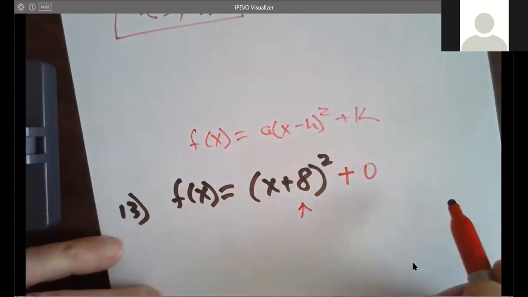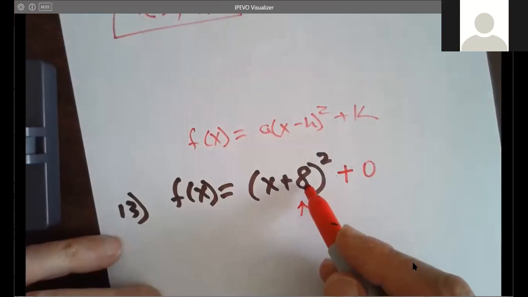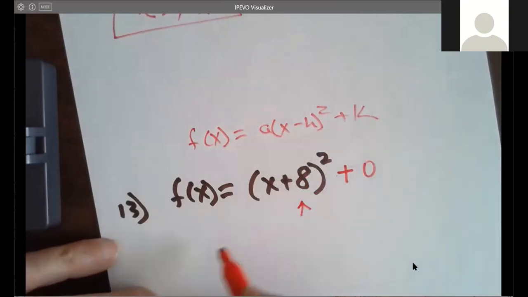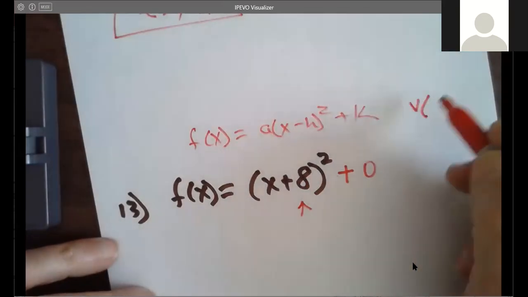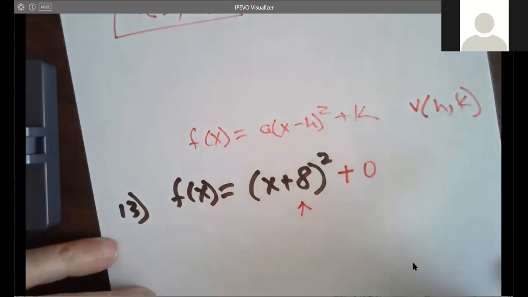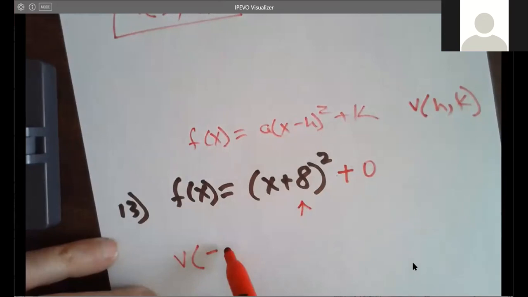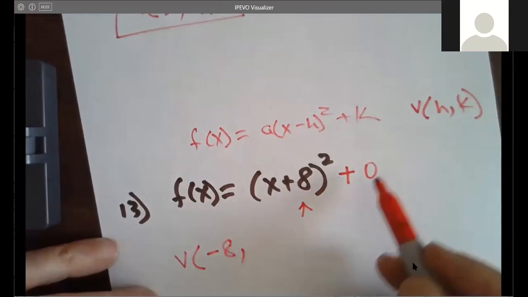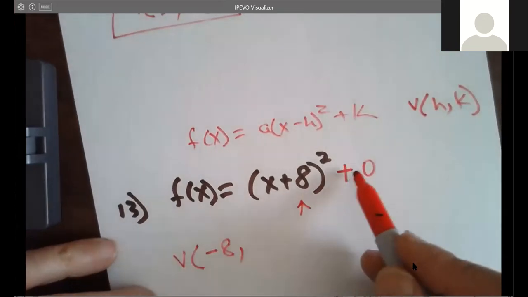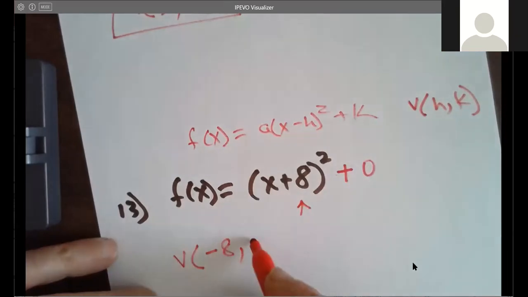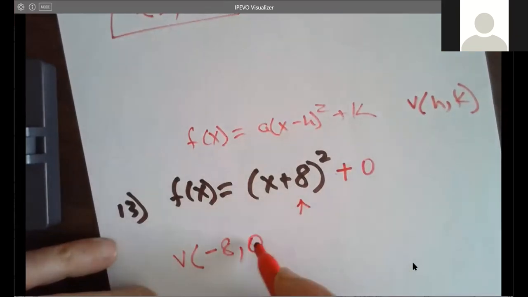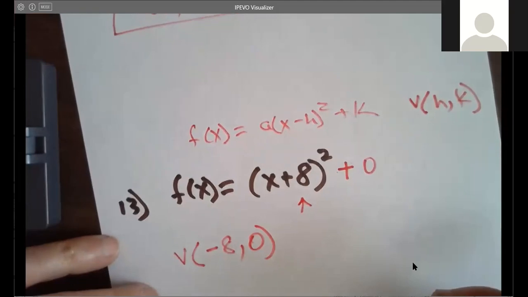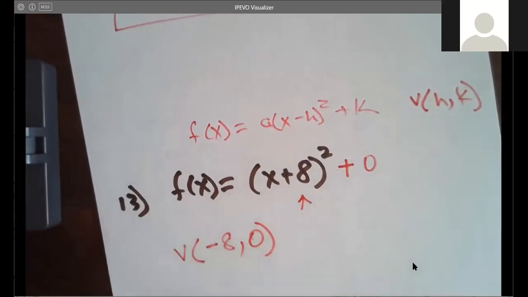So we look at the opposite of what's inside here. So here the vertex is (h, k). In this case, the vertex is going to be a negative 8. But because there's no number outside here, it's not going to move up or down. So that'll just be negative 8, 0. And that's all there is to this lesson.